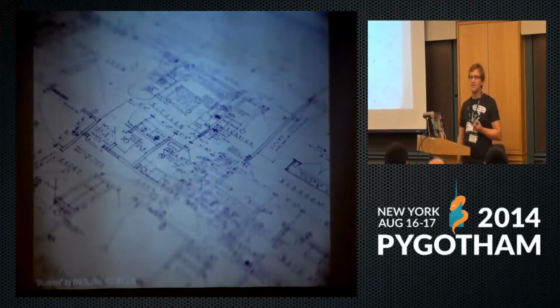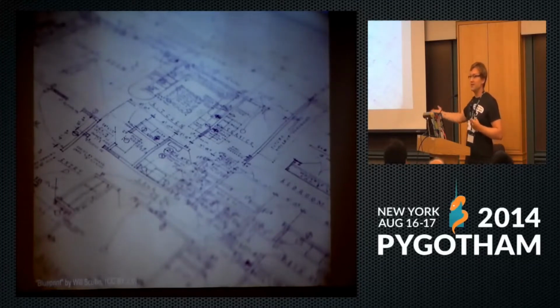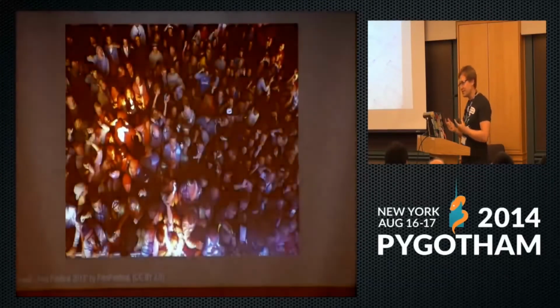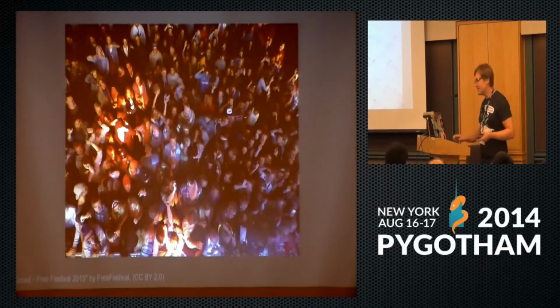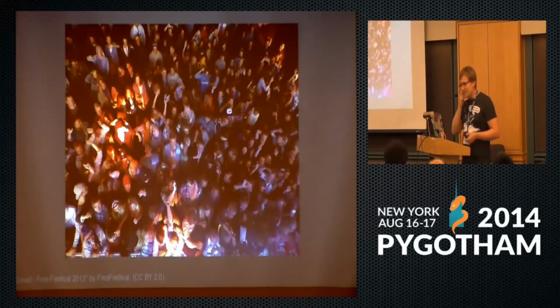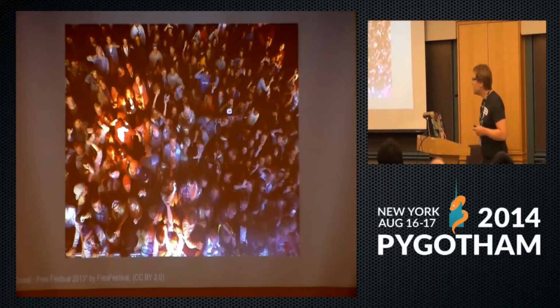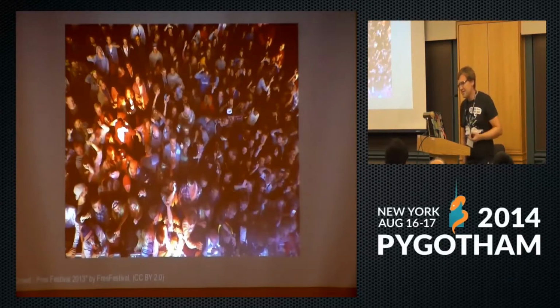So object orientation is very different. Because first of all, you're not even using objects. You're writing classes. So basically you're working with blueprints and interaction descriptions, not the actual thing that gets loaded into memory. And then once it is in memory, it looks more like this. It's a group of people whispering in each other's ears, introducing each other to their friends.